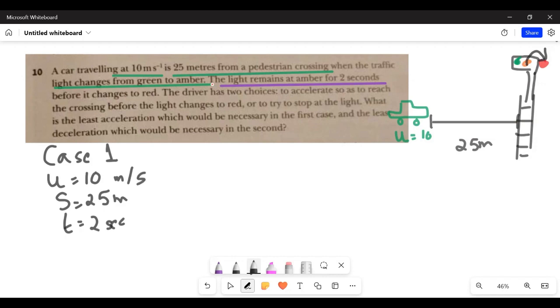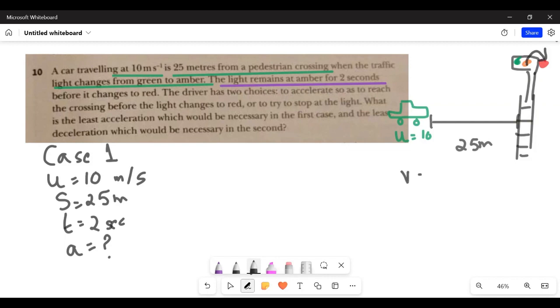So the question is, find his least acceleration. You have to find the acceleration. So which equation of motion should we use, one that has U, S, and T in it?